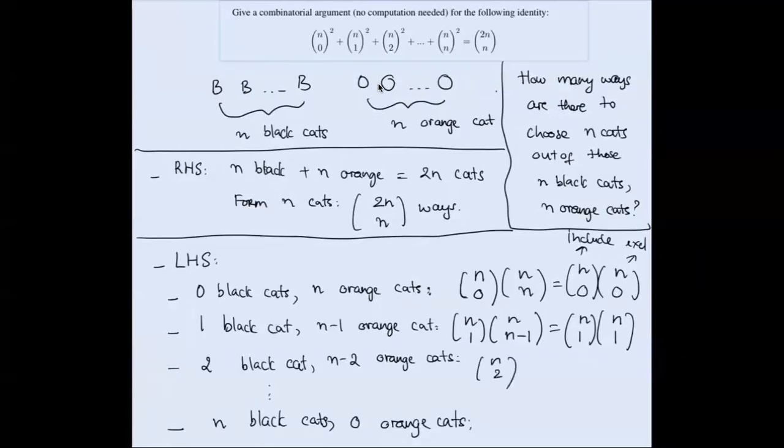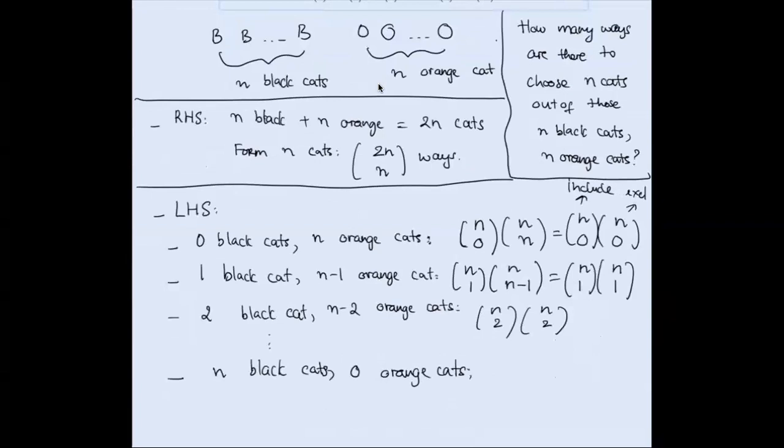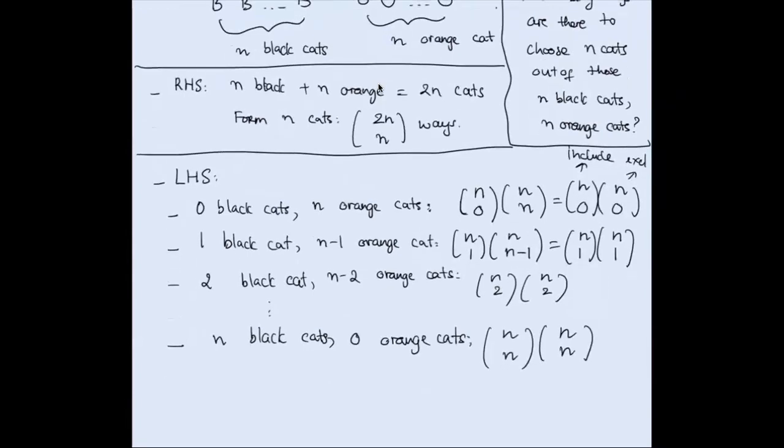I choose 2 black cats to be included, and I choose 2 orange cats to be excluded. Last step is I choose n black cats to be included, and I choose n orange cats to be excluded. And you will see here is n choose 0 squared, n choose 1 squared, n choose 2 squared, n choose n squared.